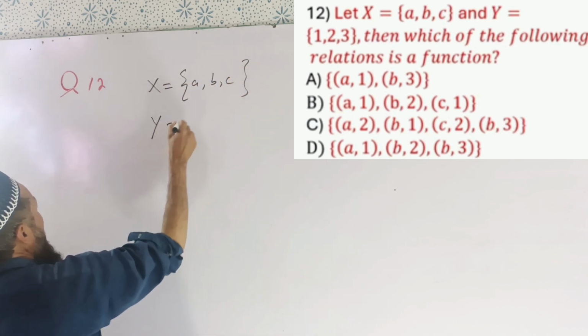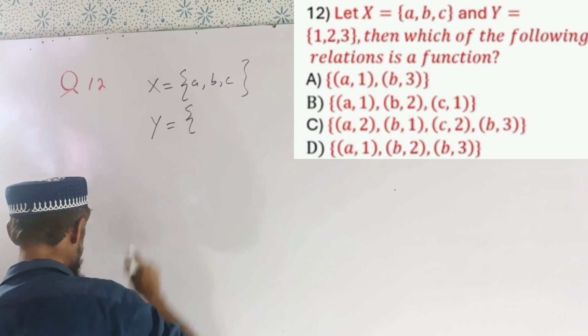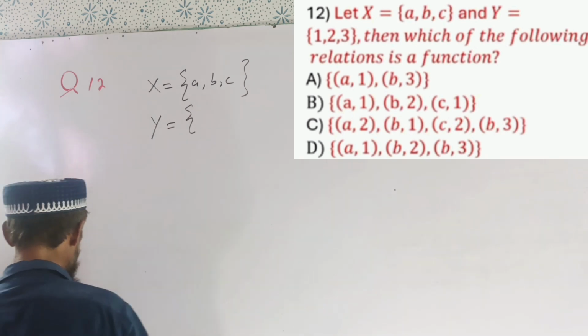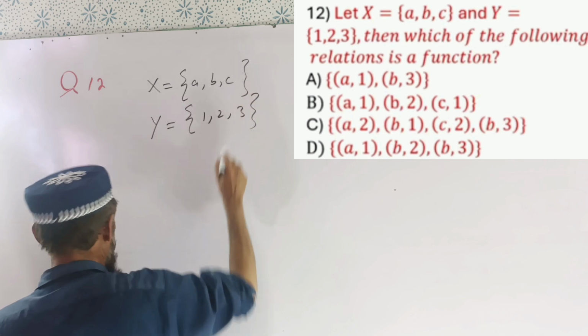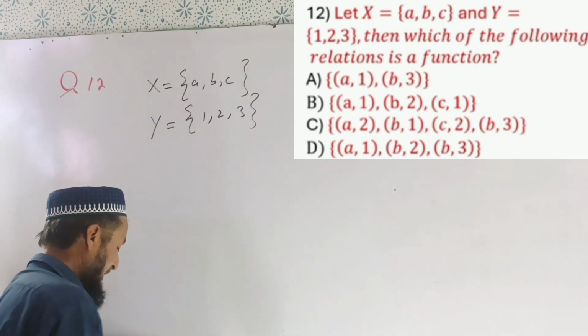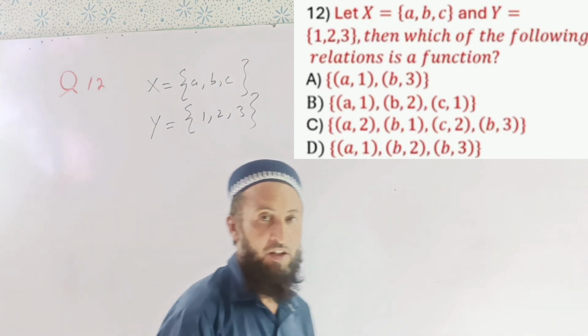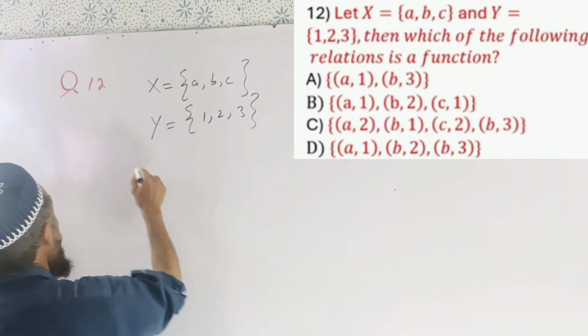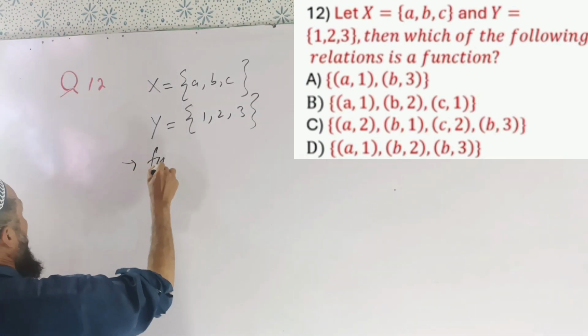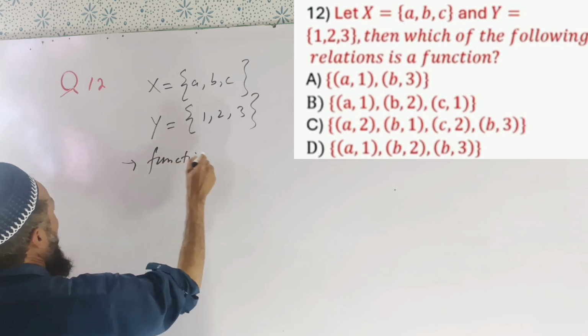And y is equal to 1, 2, 3. So which of the following relations is a function? For a function we require two properties.